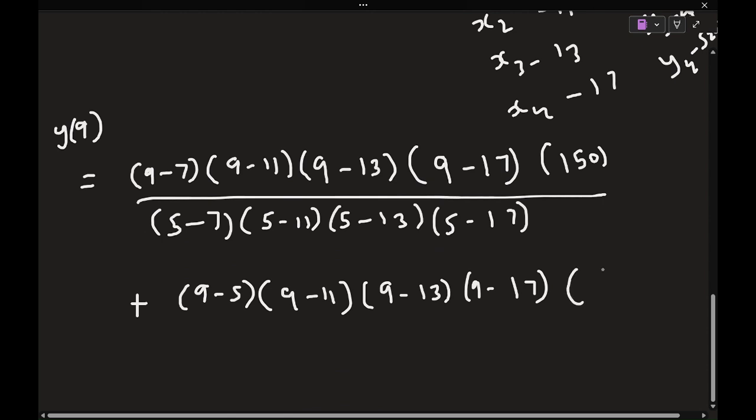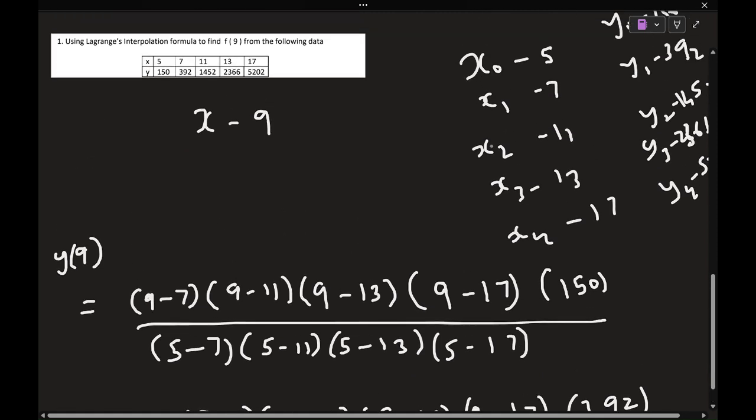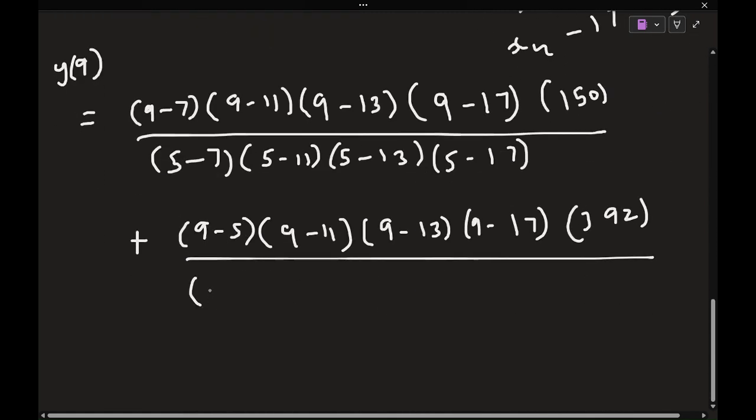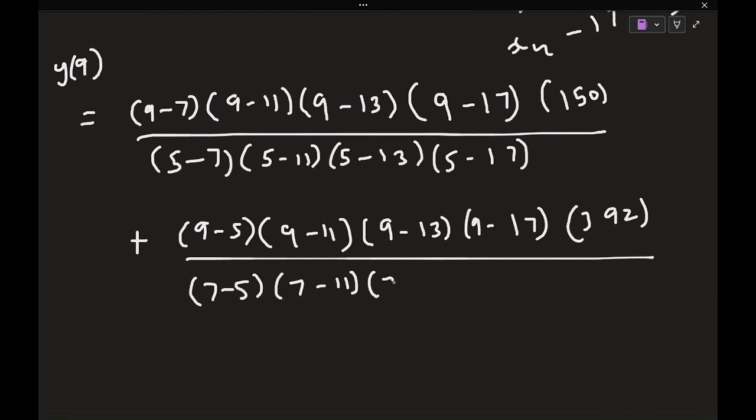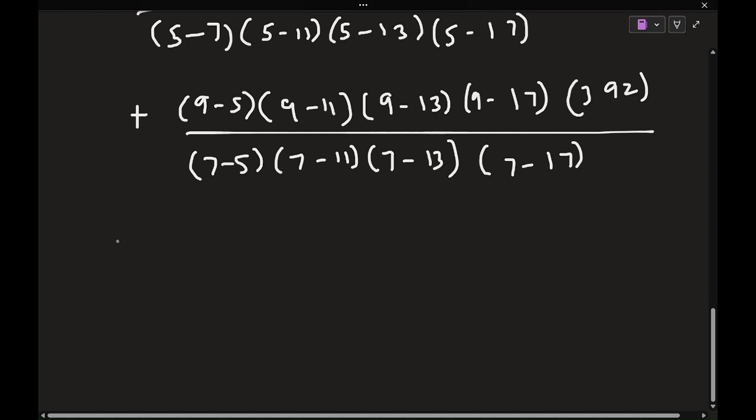And now I have into y1, which is 392, whole divided by, since I neglected x1, it will be 7 minus 5, 7 minus 11, 7 minus 13, 7 minus 17.